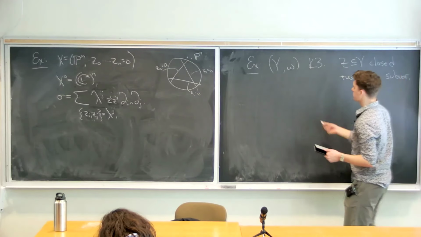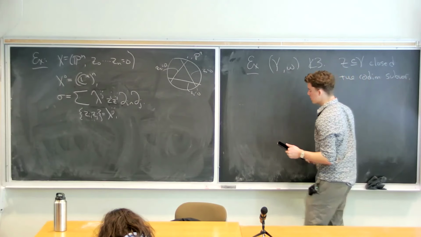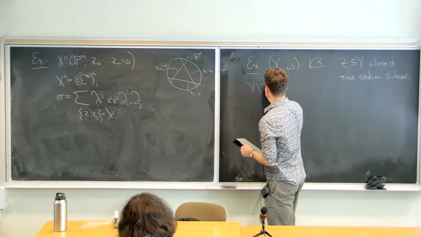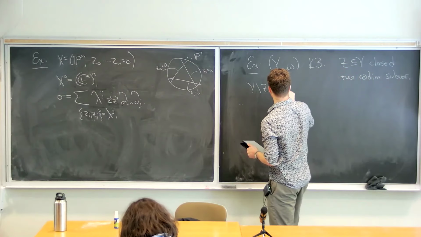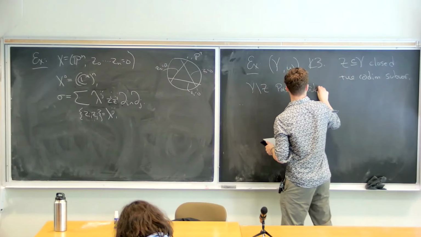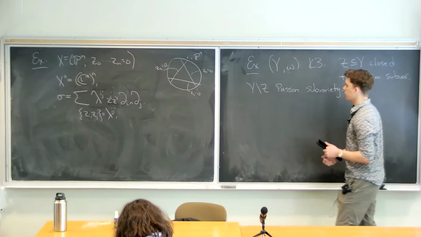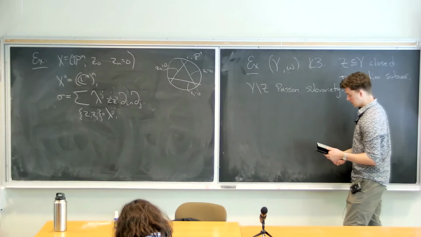I'm going to view this as a holomorphic Poisson structure by just inverting this holomorphic symplectic structure. So the open complement is clearly a Poisson subvariety. It's a symplectic subvariety because I can just restrict the 2-form to this open complement.